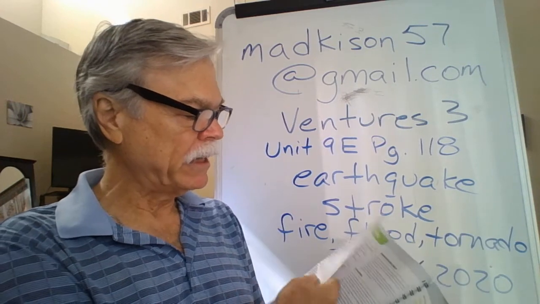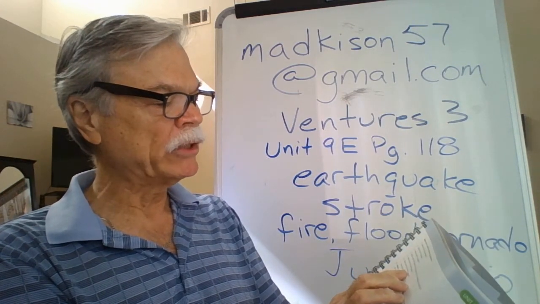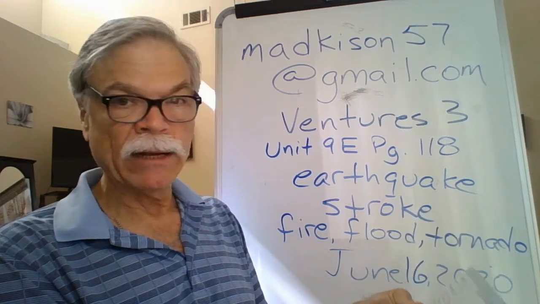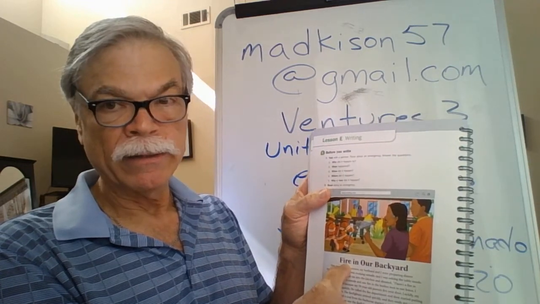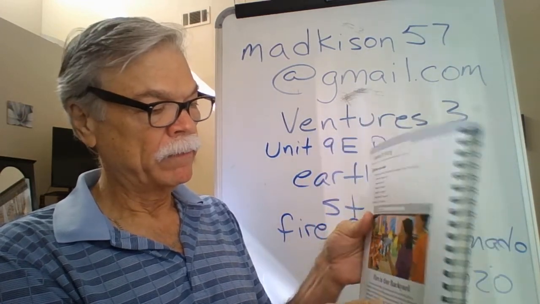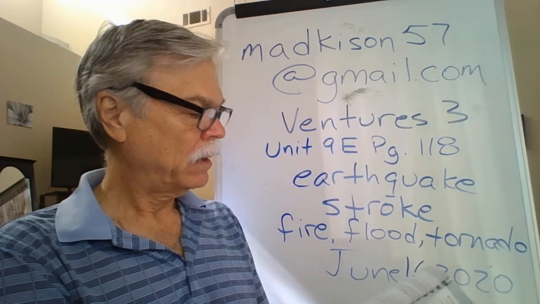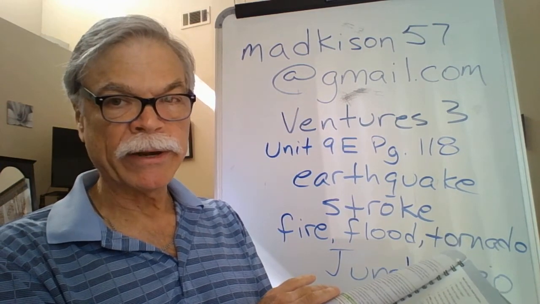The next question says, what was the emergency? Well, as I said already, the emergency was the fire in the backyard. The next question says, why was the writer scared?